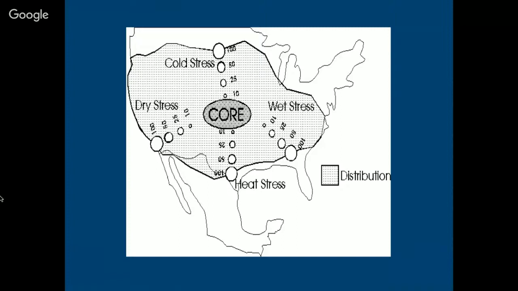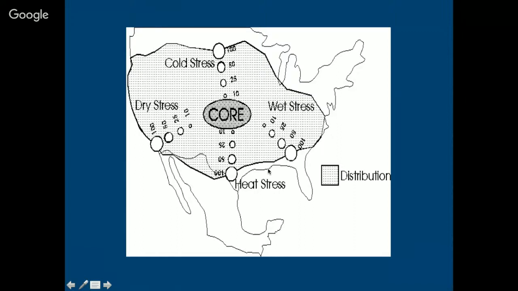And so different sorts of stress might affect a species in different parts of its distribution. Here's a diagram for North America. It looks kind of centered on Kansas, where I live, but you can see towards the south, increasing heat stress, and towards the north, increasing cold stress, and towards the southwest, dry stress, and towards the southeast, wet stress.